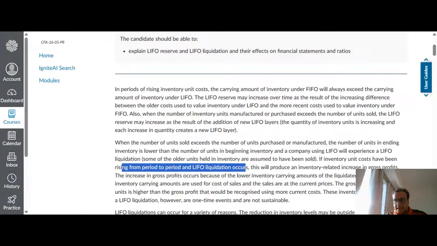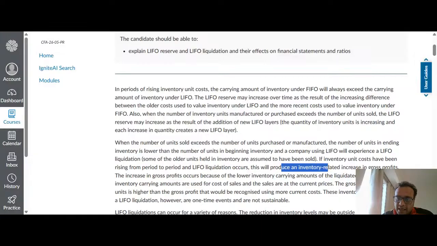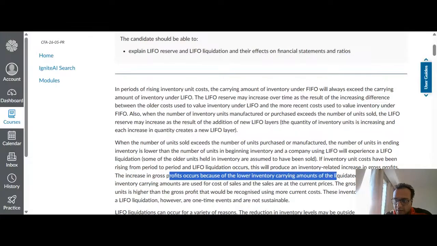And because the carrying amount of the goods that I have sold is less than 150, which is 100, it results in higher profitability in year 2, when these goods have been sold. Perfect. The increase in gross profit occurs because of the lower inventory carrying amount of the liquidated units.